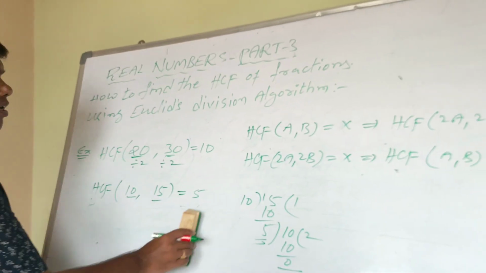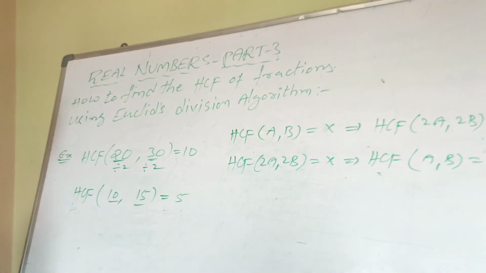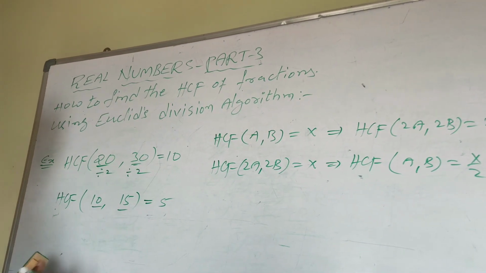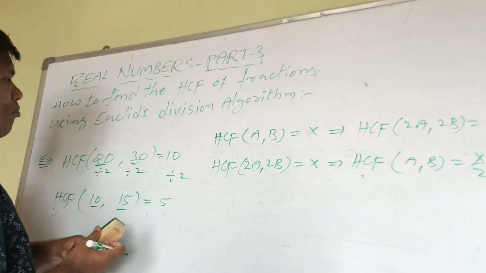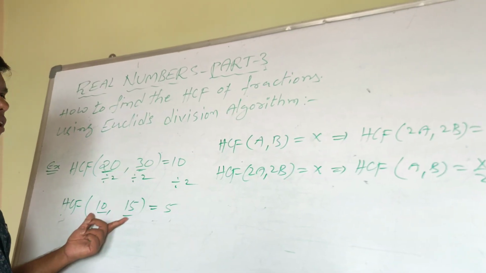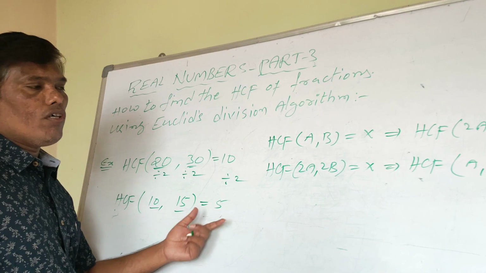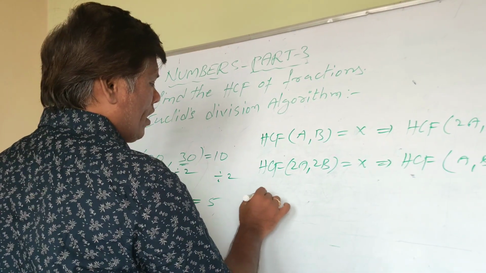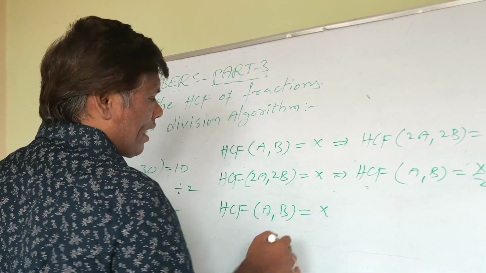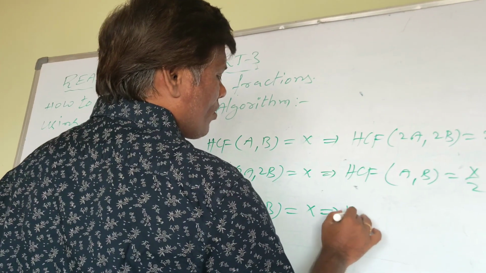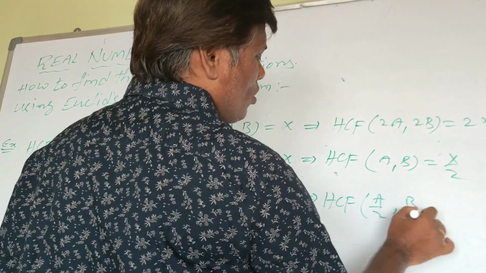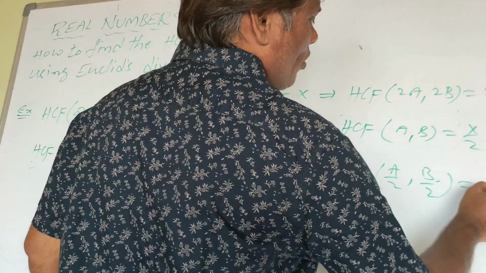So clearly you can observe, if the observations are divided by 2, the HCF is also divided by 2. 10 by 2 is equal to 5. Okay, if the observations become half, the HCF also becomes half. From this we can write: if HCF of A comma B is X, then HCF of A by 2 comma B by 2 is equal to X by 2.